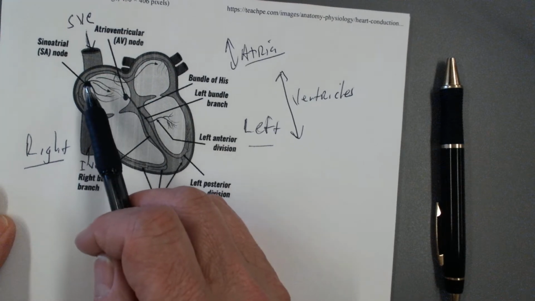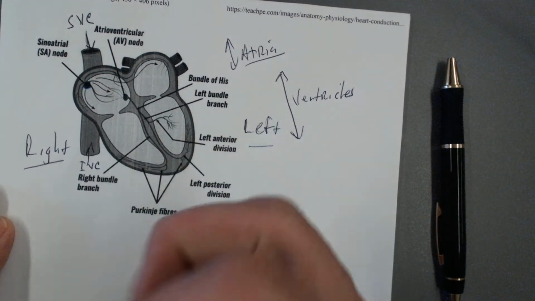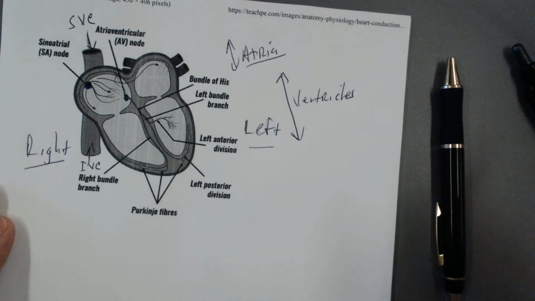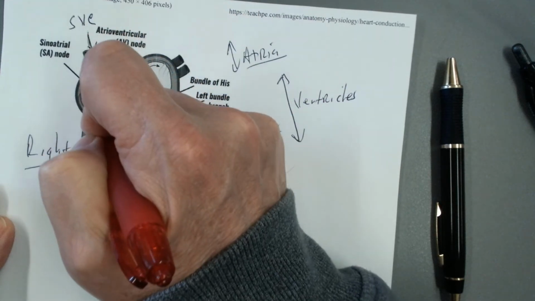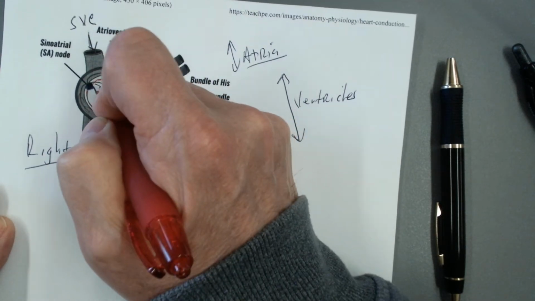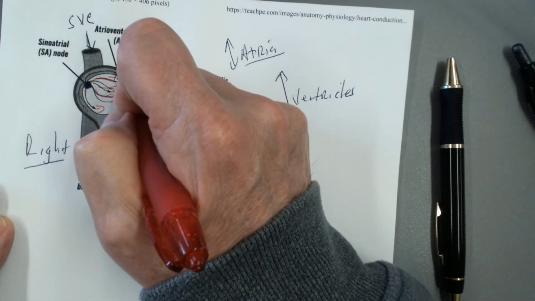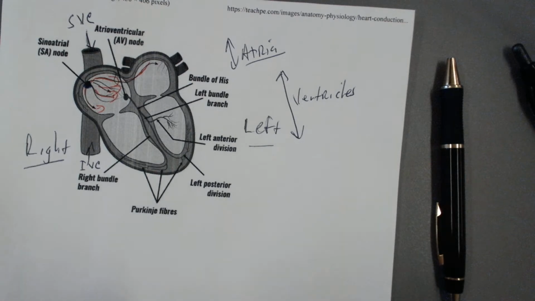Those are the pacemaker cells. The beat originates here. It then spreads because remember, these cells are all connected to each other. It's going to spread throughout the atrium. It will go from the right atrium to the left through this little bundle here.